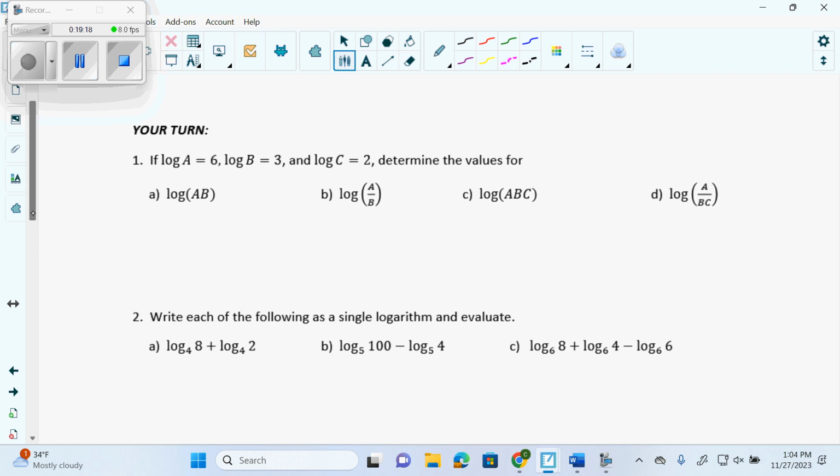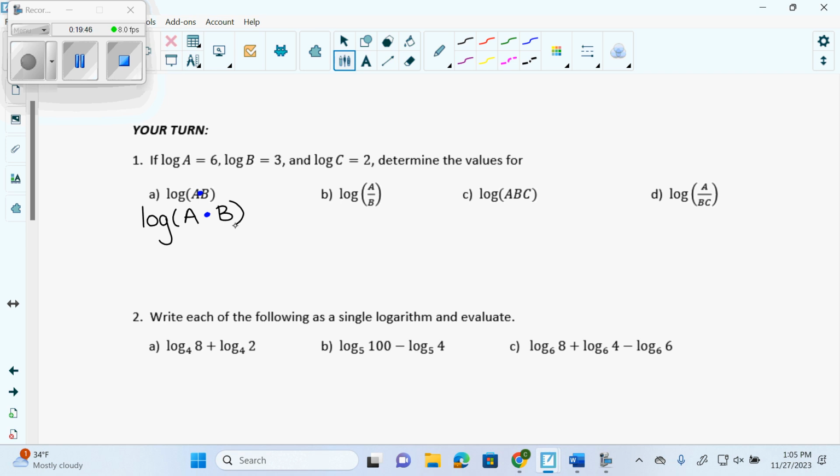So sometimes we put them together like we've just done, we made them all be a single log, but sometimes we actually have to pull them apart. So these are being what? The A and the B are being multiplied. Do you see that? So I'm going to make a big point of the fact there's a multiplication in there. I'm going to show it like this just so you can see it. Log A times B. They're both in the numerator, aren't they?